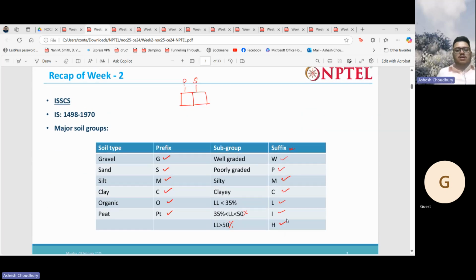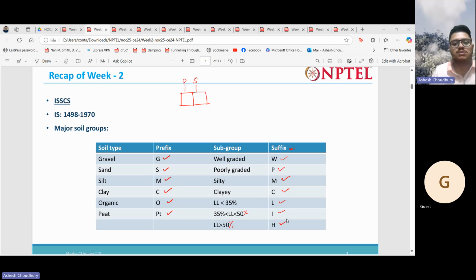So we looked into the Indian Standard classification system given by IS 1498, 1970. You have some major soil groups that we initially classified: gravel, sand, silt, clay, organic, and peat.